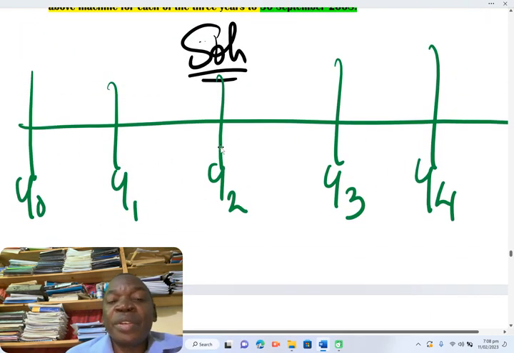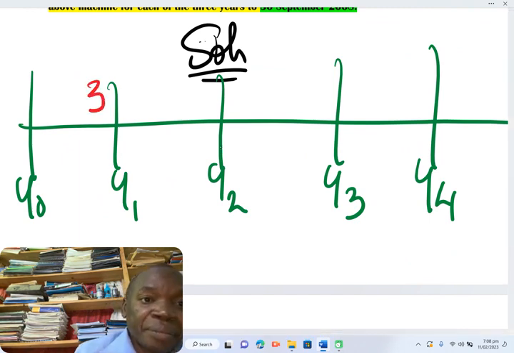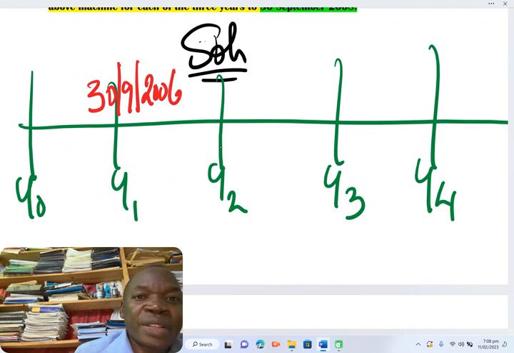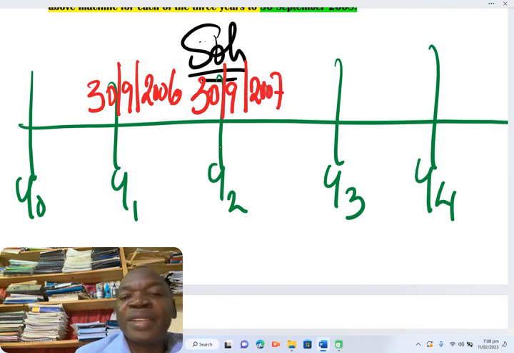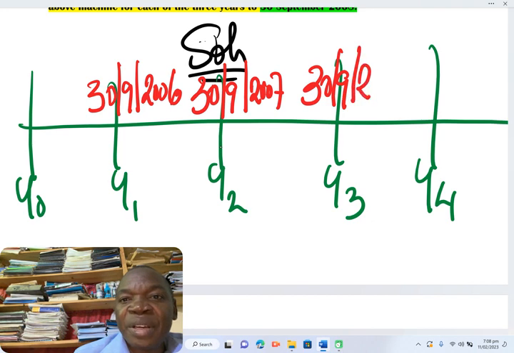So, you write here, 30th September 2006. This is 30th September 2007. This is 30th September 2008.